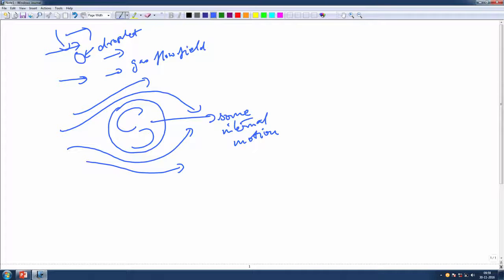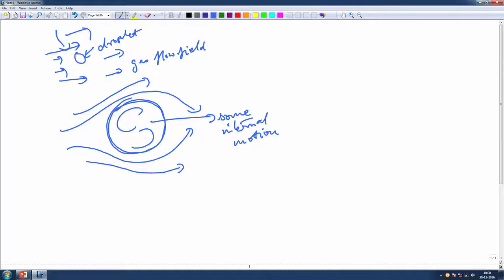The droplet's own velocity and the velocity of the gas flow field around it are different. As a result there is shear created along the surface, and as a result there will be a flow generated inside. The magnitude of the flow will be low, but as we will find out in due course, the liquid phase Reynolds number is not small. We will see what that exactly means.